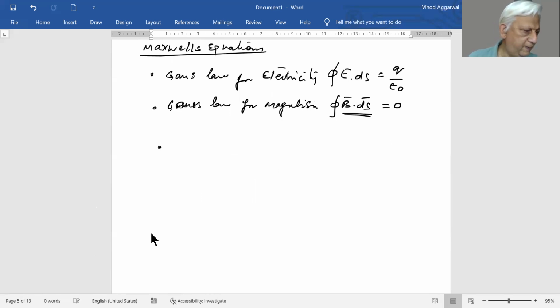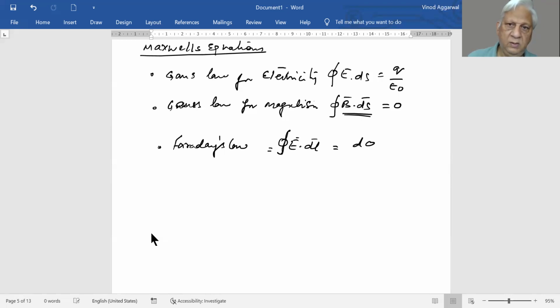Third is Faraday's law. What it says is E dot dl over the loop is minus d by dt of the magnetic flux.